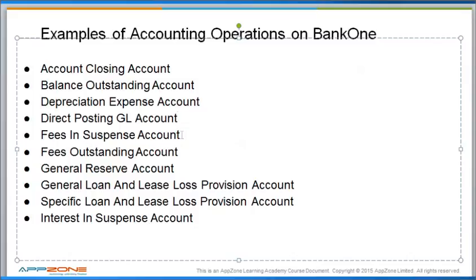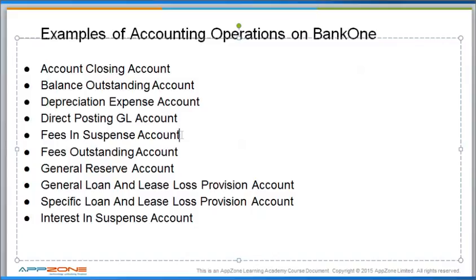We also have fees in suspense account. GLs pre-configured to function as a fee in suspense account house all balances of customers who are owing the bank some fees or the other.